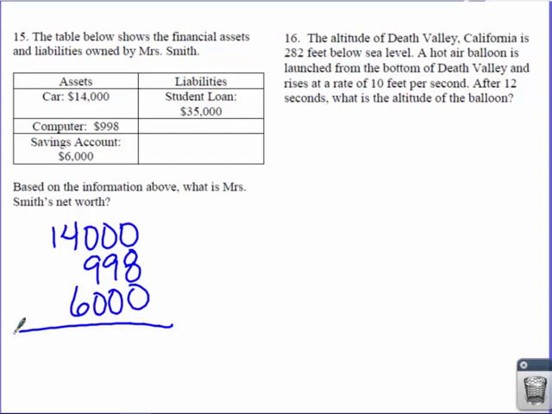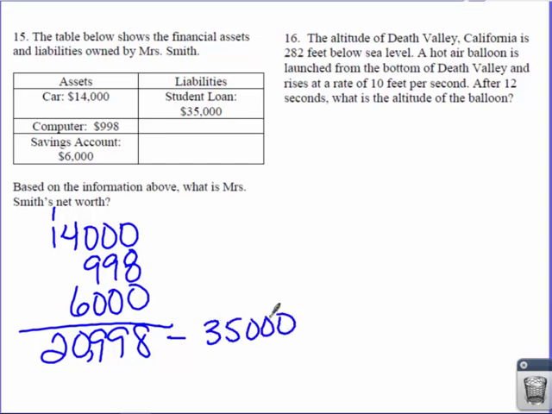We add that together, we get 8, 9, 9, 10, $20,998 in assets. We have $35,000 in liabilities, and we learned that net worth is assets minus liabilities.